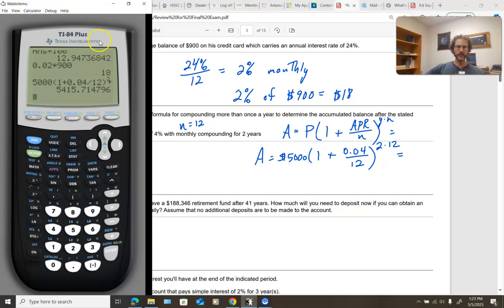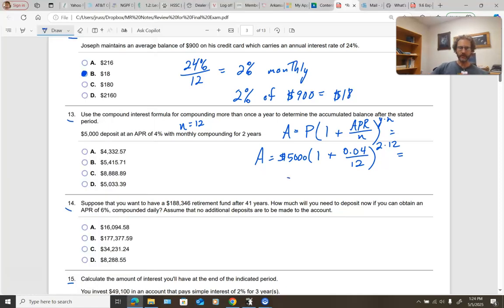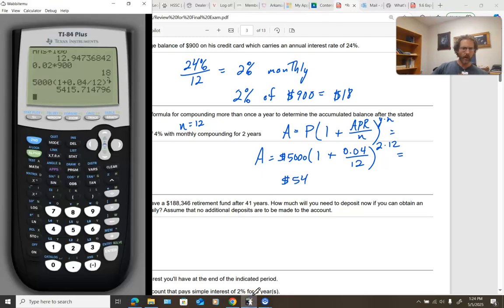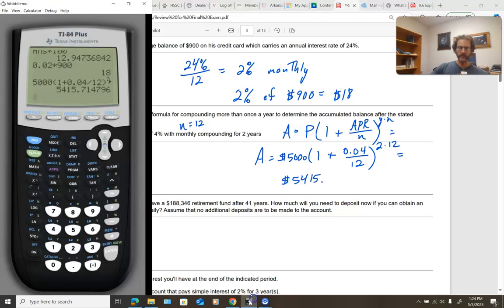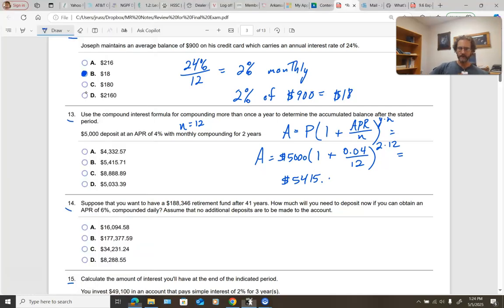And we hit enter. We end up with a final balance after 2 years of $5,415, and you're going to want to round to the nearest cent. There's a 4 behind the 1, so this is going to stay 71 cents. Okay, so a little over $400 earned there in 2 years.